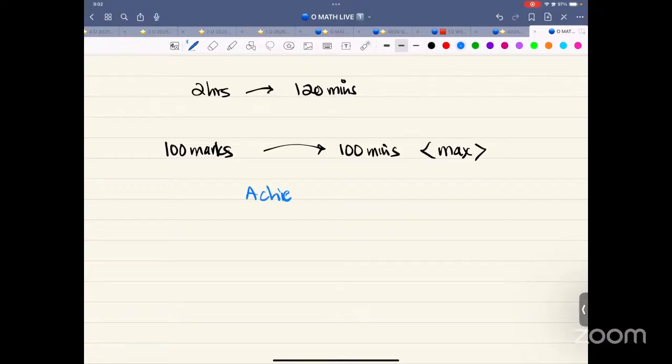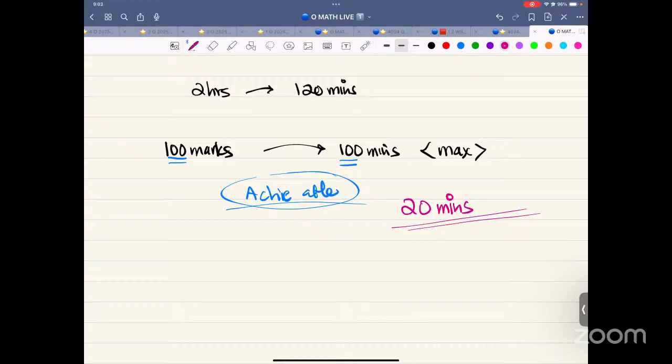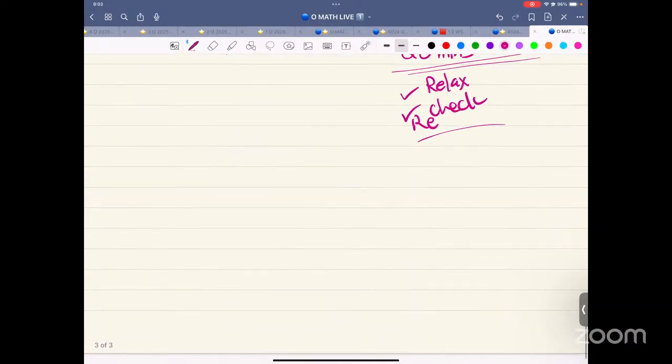If 100 marks is achieved in 100 minutes, how many minutes are you left with? You are left with 20 minutes. That is the time remaining for you to relax and recheck things. All these things are possible.